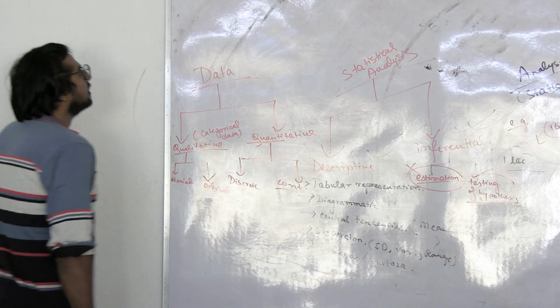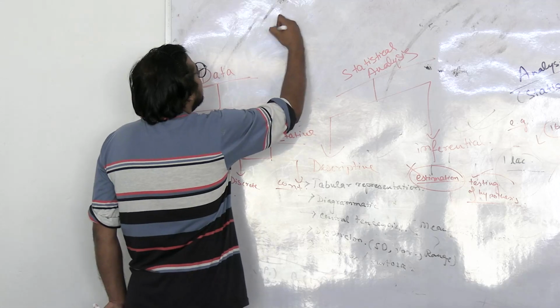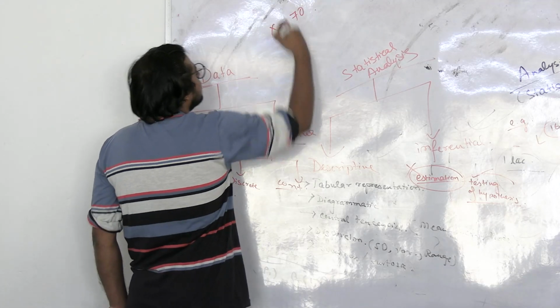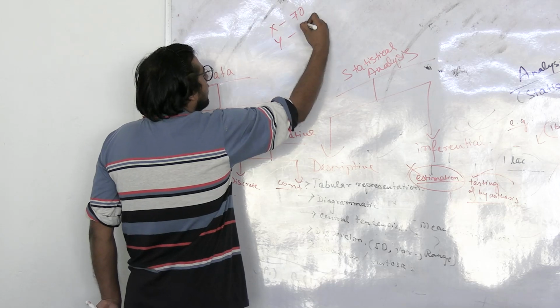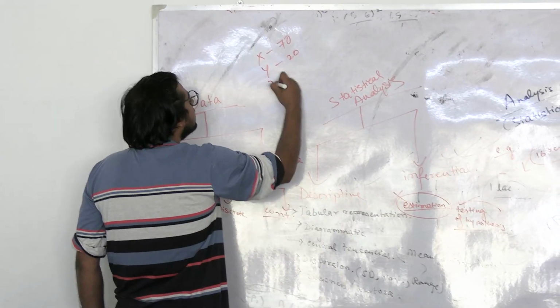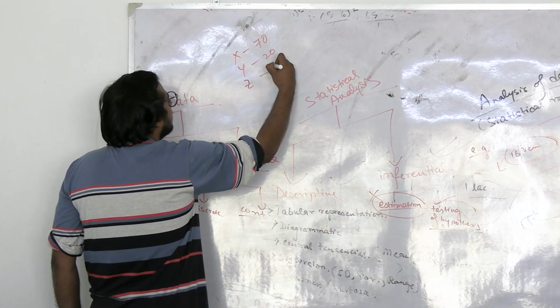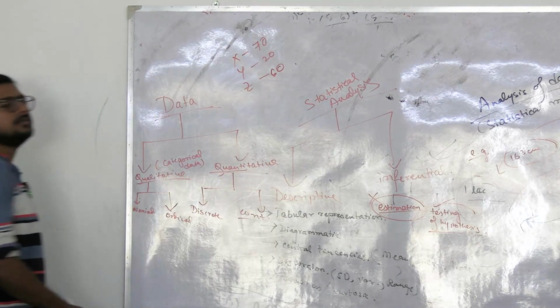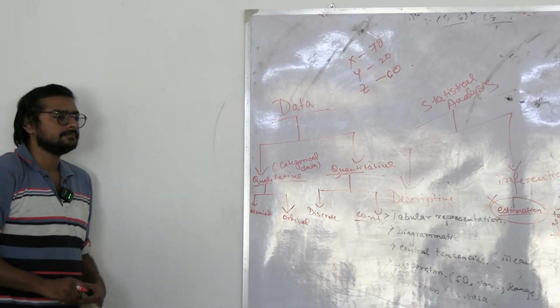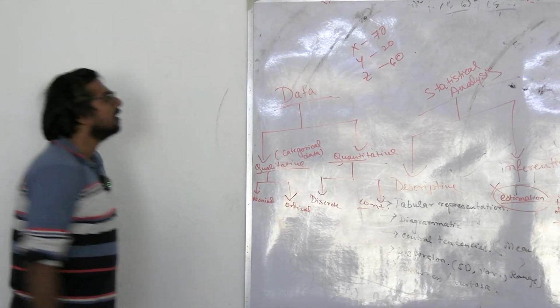Say I go to a class and ask you guys your religion. Say 70 people say they belong to the X religion, 20 people say they belong to the Y religion, and 60 people say they belong to the Z religion, correct? I note this down.